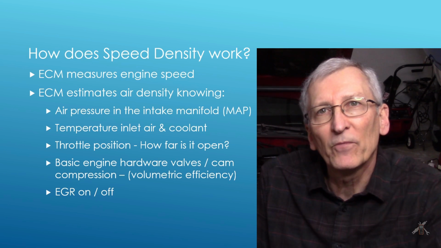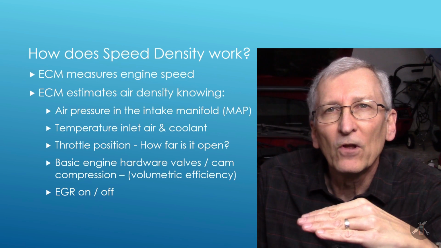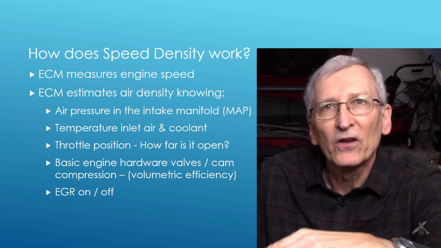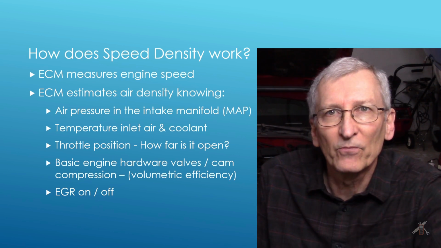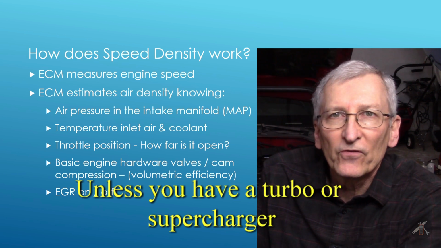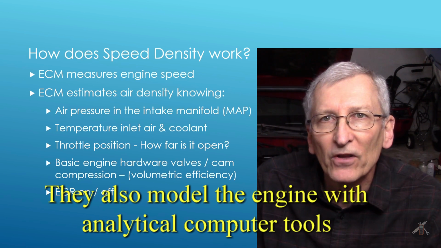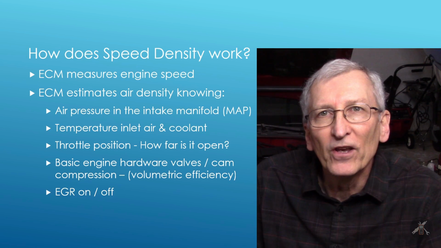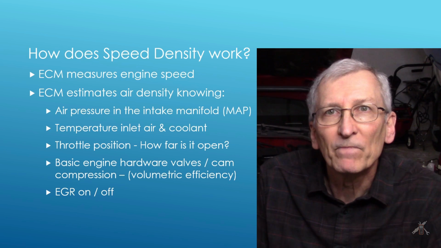In reality, when that piston's moving fast, you have losses through the throttle, through the valves, through the ports, and so your volumetric efficiency is never anywhere near 100%. It's always much less than that. And so they map these engines. General Motors laboratory engineers map the engines so they know what the volumetric efficiency is and how much air should be coming in for a certain speed.